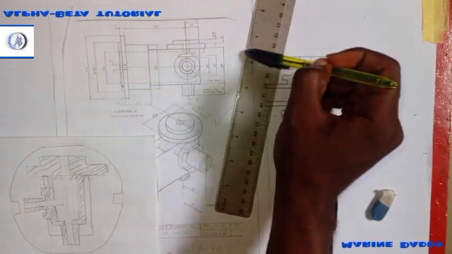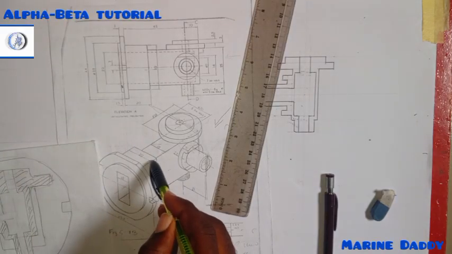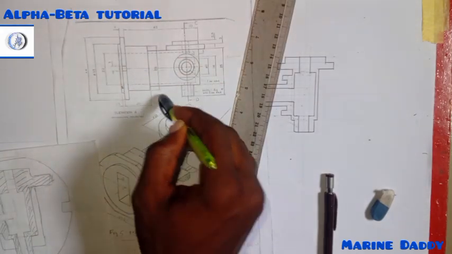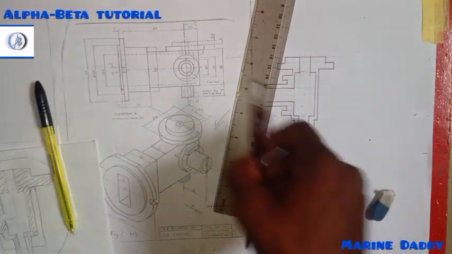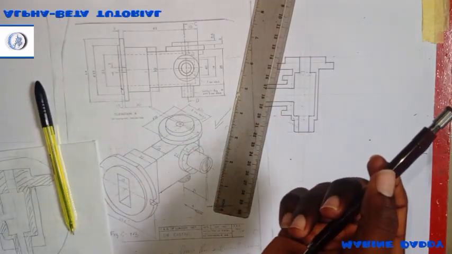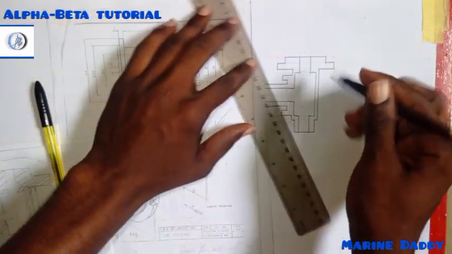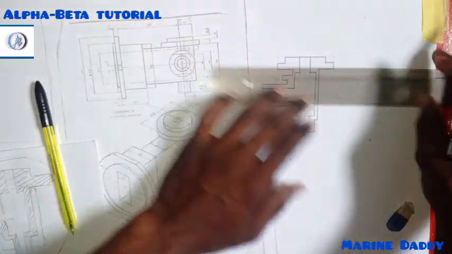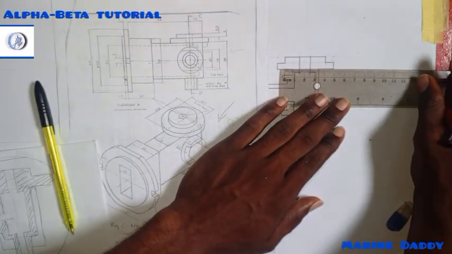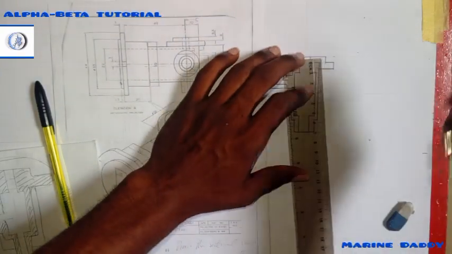This part of the diagram, looking at it from here, they told us that it's 20 by 32. So I'm using 40 by 64. Already from here to here, they told us that it's 40. So 40 here to here. So I'm measuring 64.